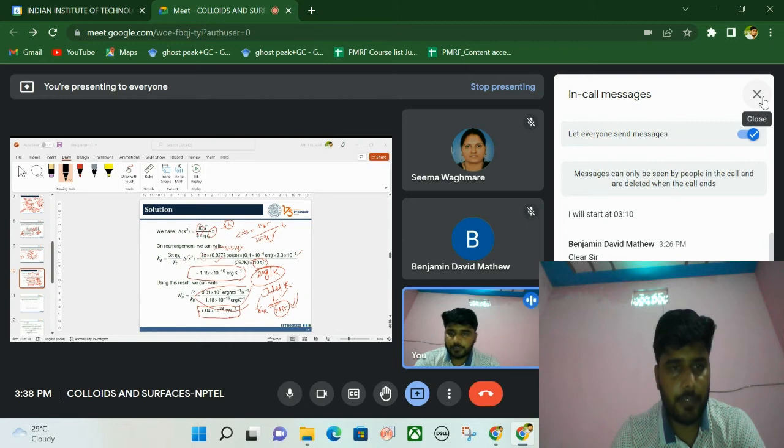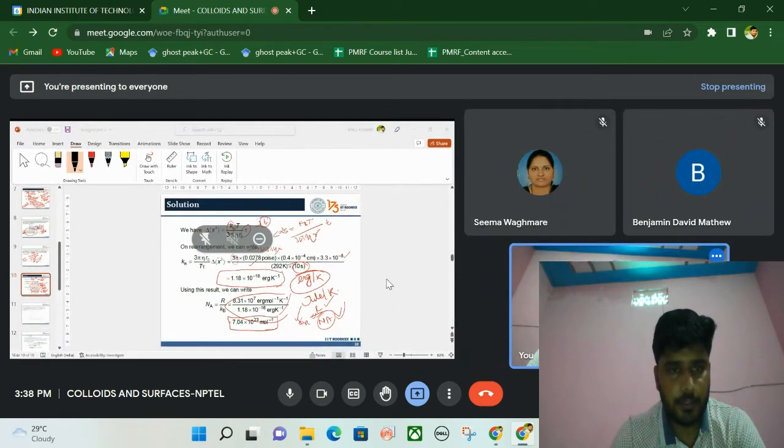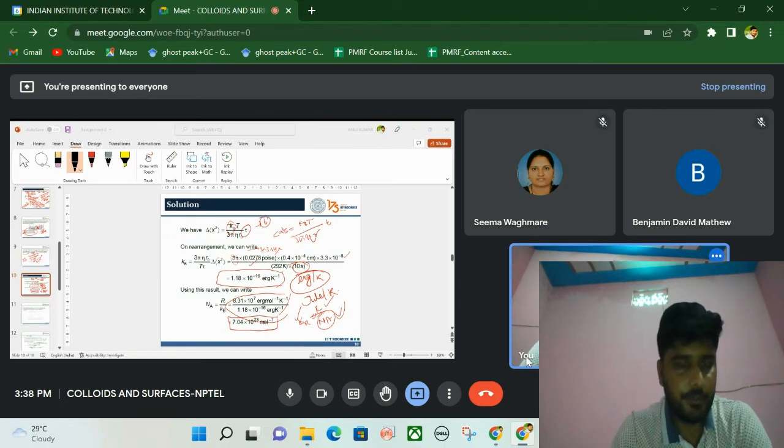Later on I will go for this formula also. Okay, in general D is equal to kBT by 6 pi eta r naught, or you can say r.